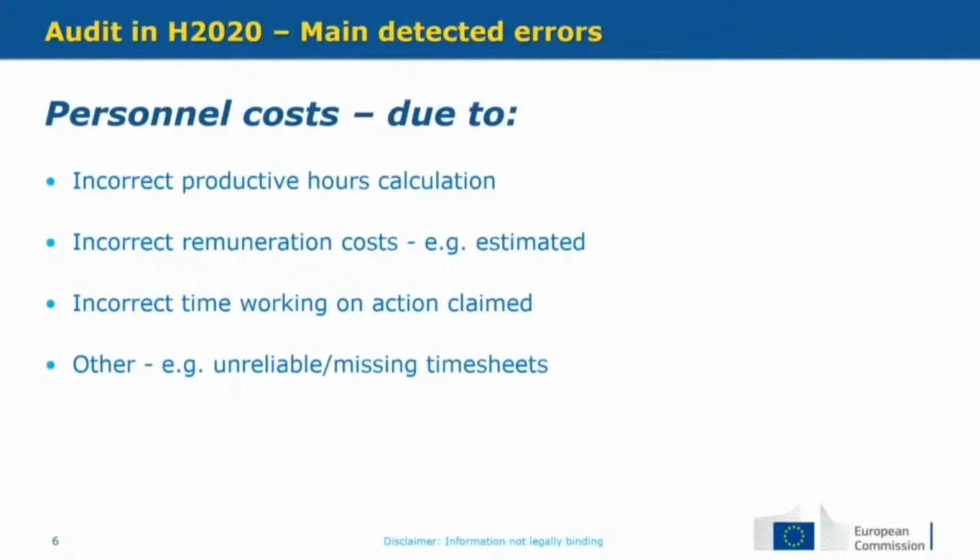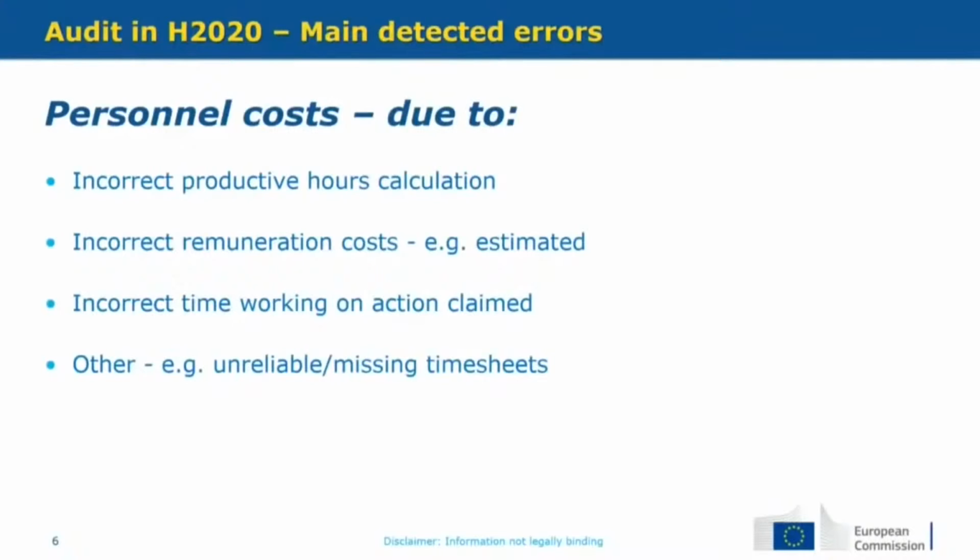This is referring to the three options to calculate productive hours and to the correct application, especially of the second and third options, meaning the individual productive hours or the standard productive hours, which have some conditions to respect. So either the conditions are not entirely respected, or the errors refer especially to these conditions to be respected. Option one, obviously, could be used, so we have fewer errors there.